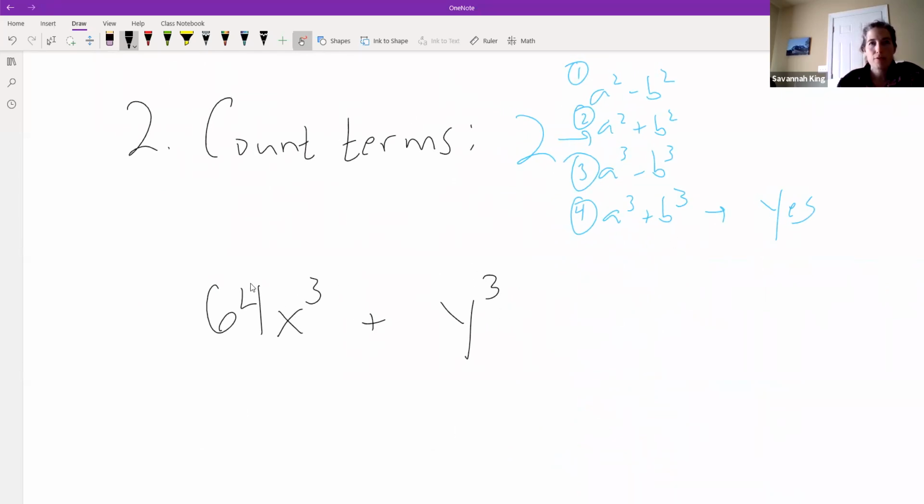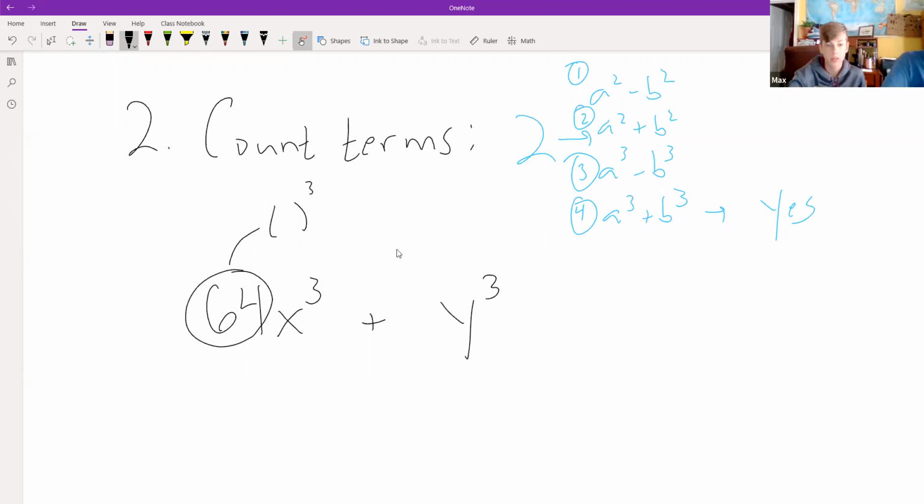But what we also have to figure out is if this is going to work, then 64 has to be some number to the 3rd power. Can anybody think about what number to the 3rd power 64 is? Is it 4? 4, yeah.